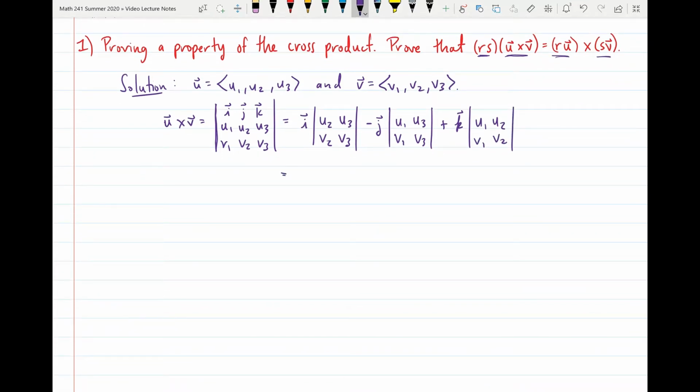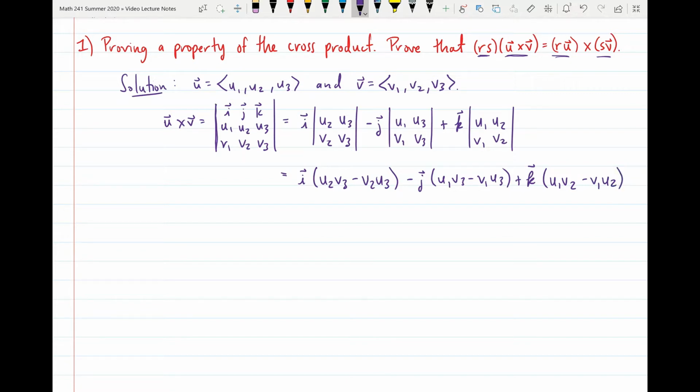And now we can calculate the determinants of each of these 2 by 2 matrices, and we find we have (u2 v3 minus v2 u3) i minus j times (u1 v3 minus v1 u3) plus k times (u1 v2 minus v1 u2).